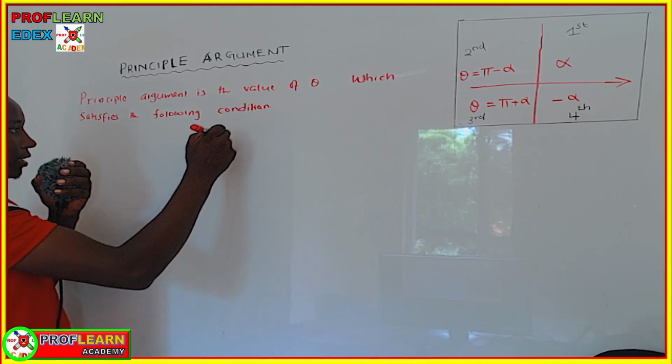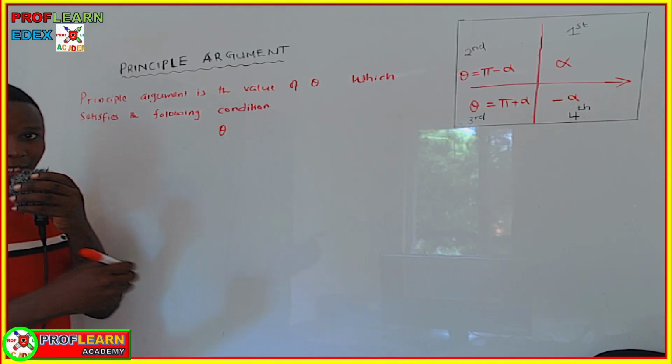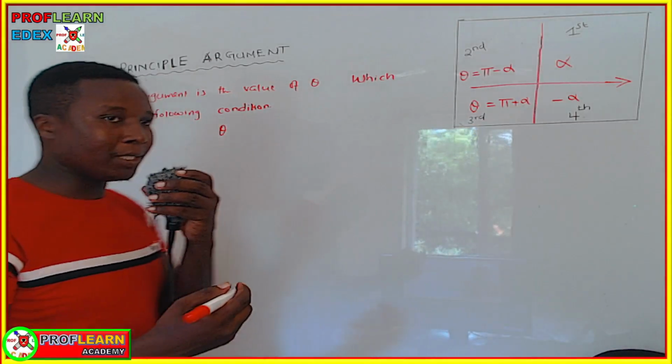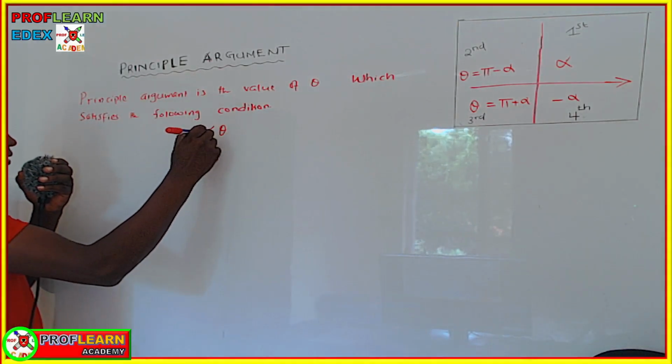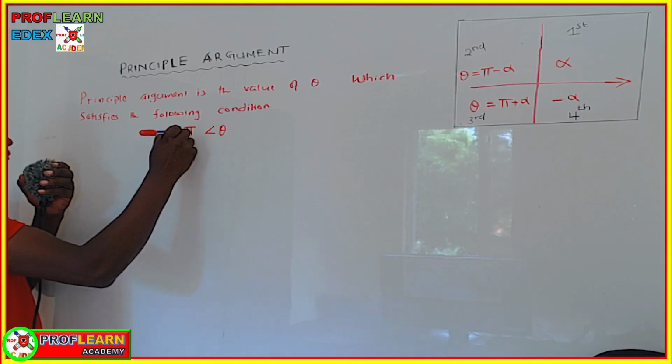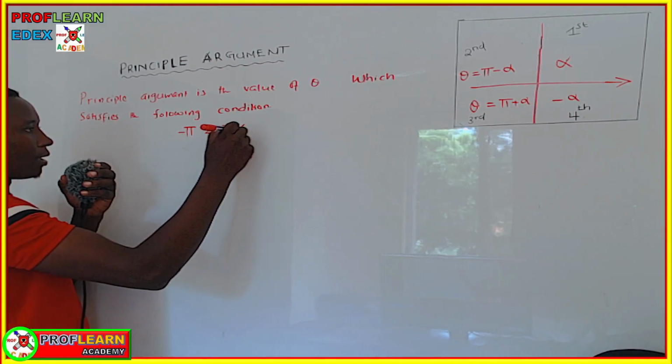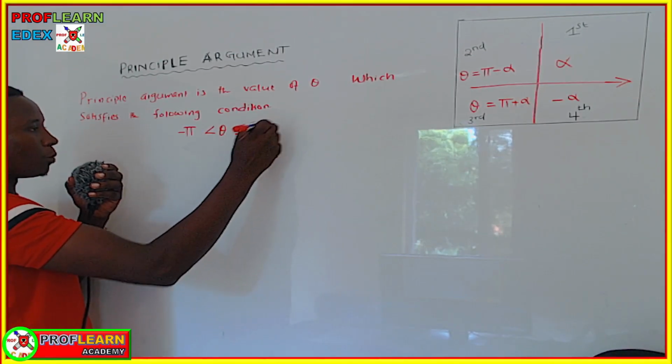One of it is that this theta that we are talking about, and theta is the argument of a complex number, is actually going to be greater than negative pi, less than or equal to pi.